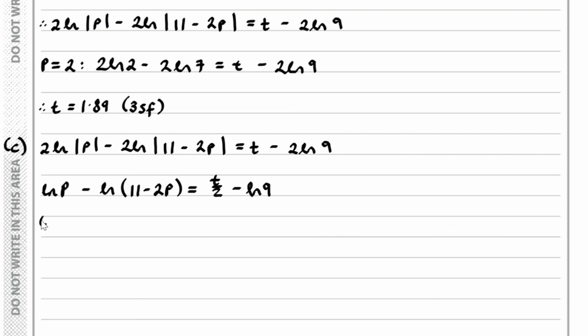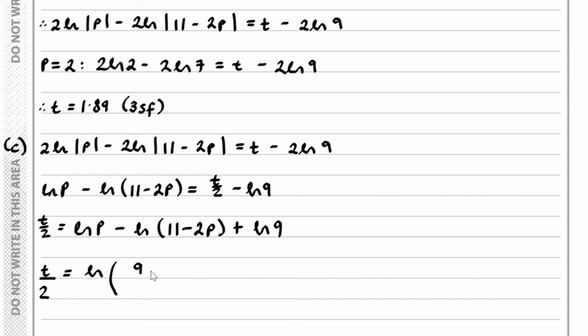So t over 2 is equal to the natural log of p minus the natural log of 11 minus 2p plus the natural log of 9. And if we use the addition law and subtraction law, t over 2 is equal to the natural log of 9p over 11 minus 2p.